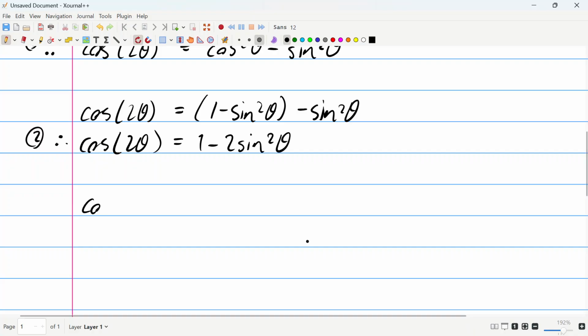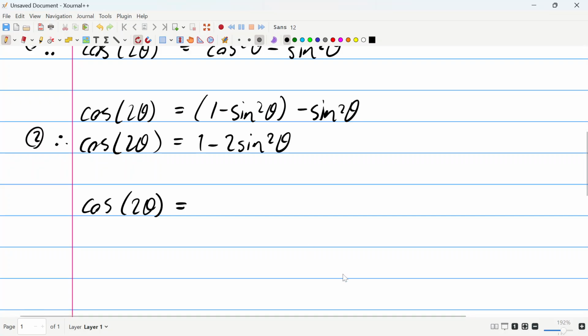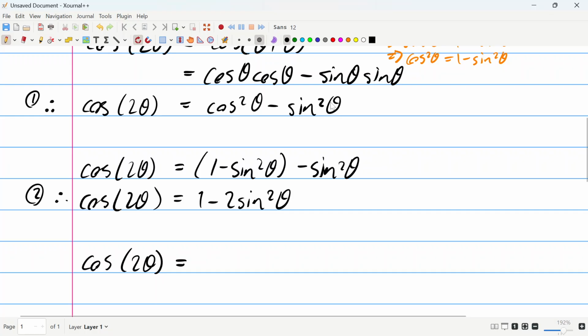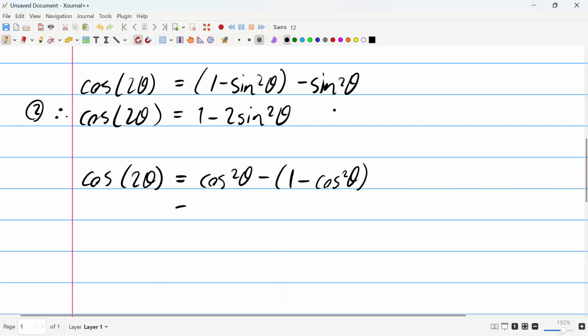The third method, which is the final method that we can use to get the other identity, is by replacing sine squared theta with 1 minus cos squared theta. So here we have cos squared theta minus, in brackets, 1 minus cos squared theta, okay? And then from here, we just simplify.